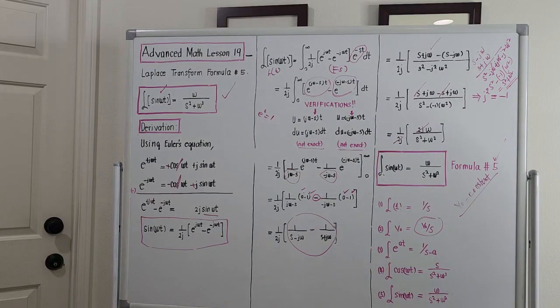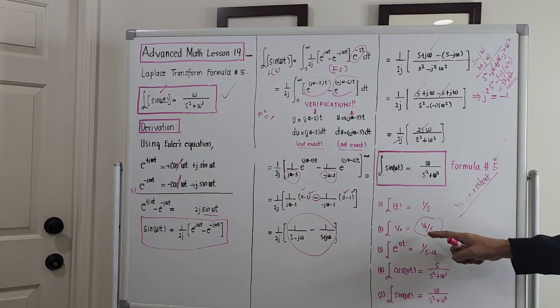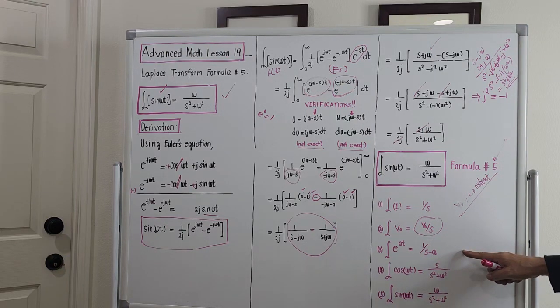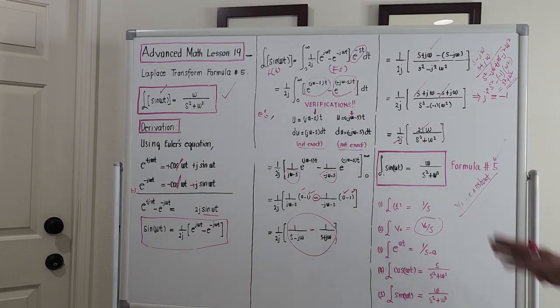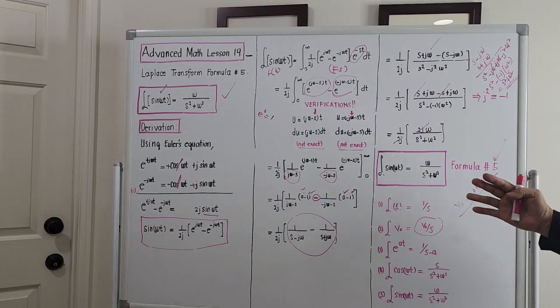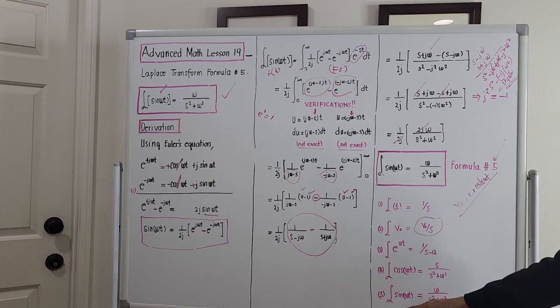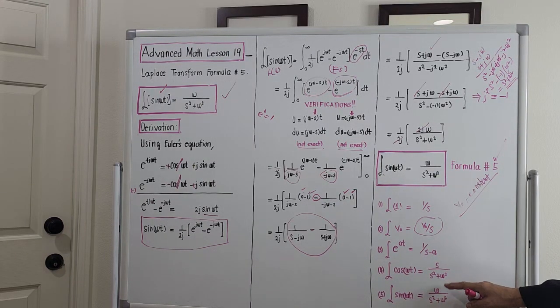Okay? And number 3, the Laplace transform of e raised to at is actually 1 over s minus a. And the last time around, the Laplace transform of cosine of omega t is s over s squared plus omega squared. And for tonight, the Laplace transform of sine of omega t is omega over s squared plus omega squared.